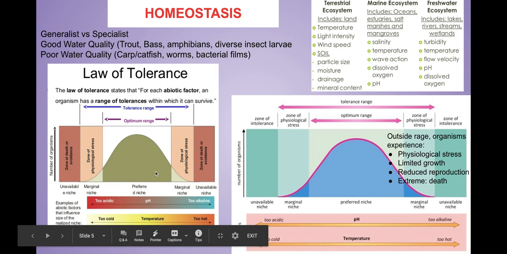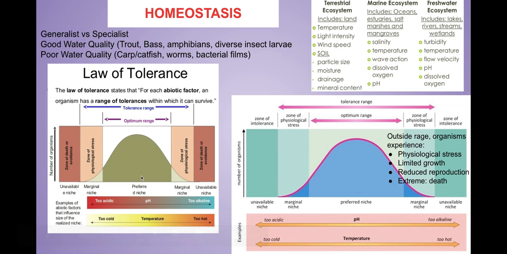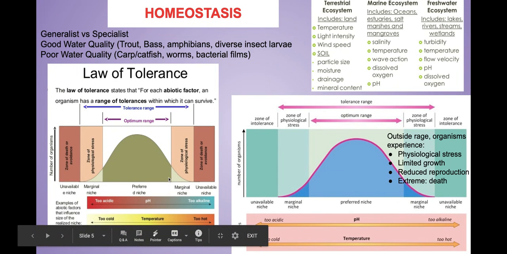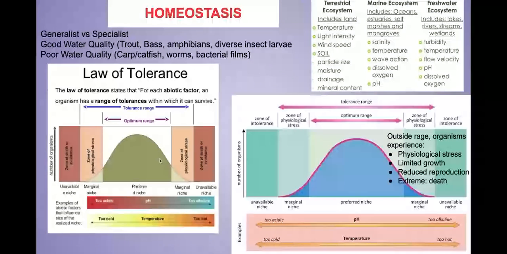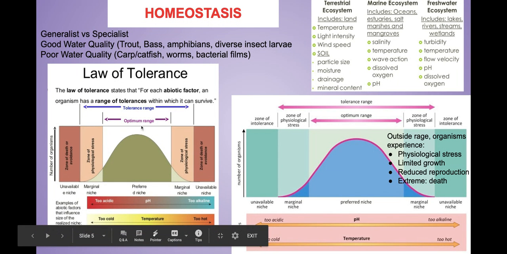A specific species is going to have a preferred niche, in which it has an optimum range of development, growth, and reproduction, and the population is at its max. But it also has a tolerance range, in which the population experiences stress, because the pH has been altered from the optimum range. If we pass that tolerance range, that is the zone of death, in which the species might go extinct because this abiotic factor has been changed too much.